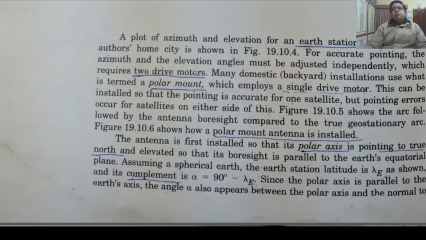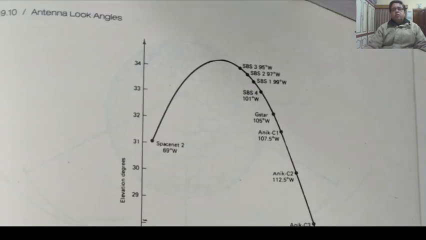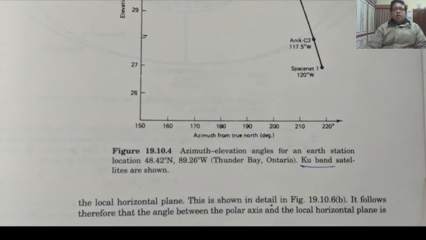A plot of azimuth and elevation for an Earth station located at the author's home city is shown in figure 19.10.4. Here, azimuth and elevation angles for an Earth station location at 48.42 degree north and 89.26 degree west, Thunder Bay, Ontario, especially for Ku band satellites, are shown.